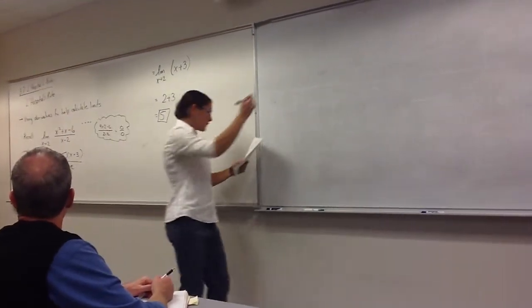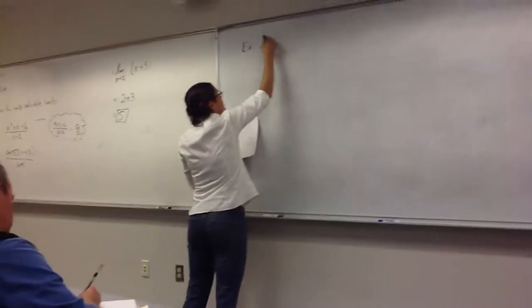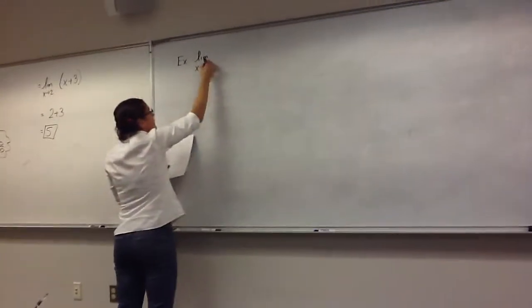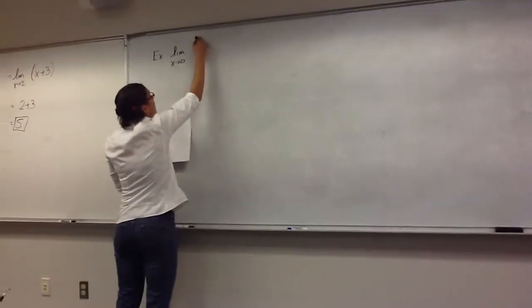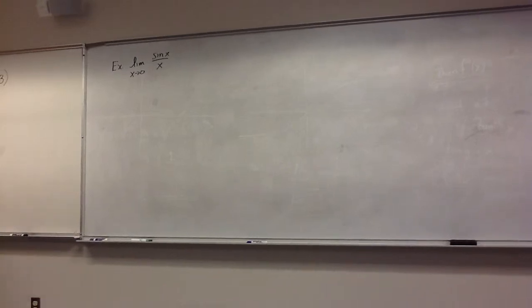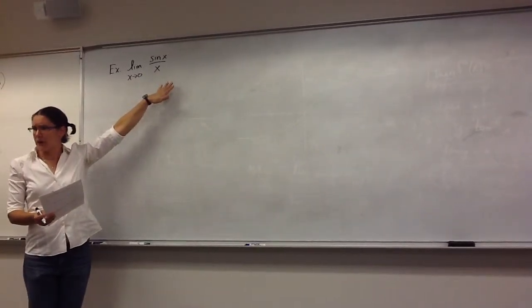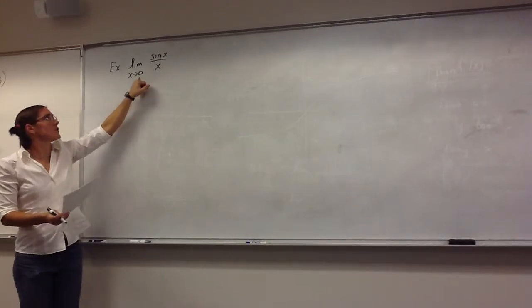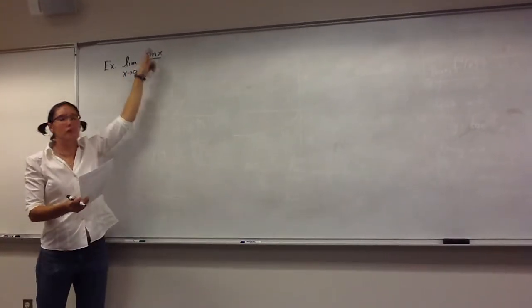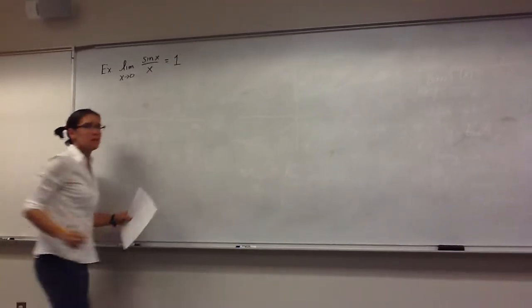All right, so another one that we looked at, and we used a table of values to come up with our answer, was the limit as x approaches 0 of sine x over x. We looked at a graph of this function, and we said as x gets really close to 0, the y value of sine x over x approaches 1, and so our limit is equal to 1.